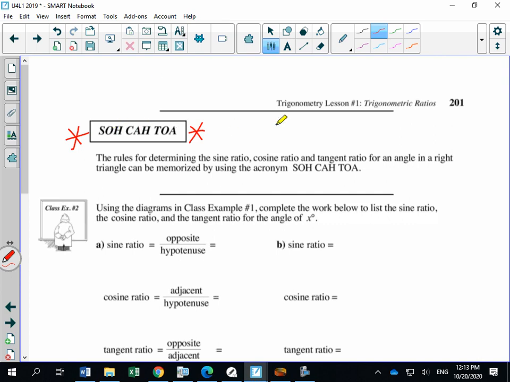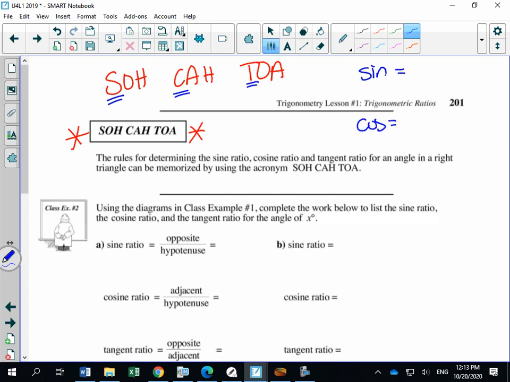Okay, so the acronym is SOHCAHTOA. Now, in Trig, there are three what's called ratios. And the three ratios, there's a sine ratio, there is a cosine ratio, and T stands for tan. There's a tan ratio.